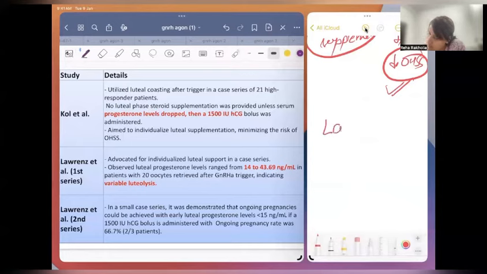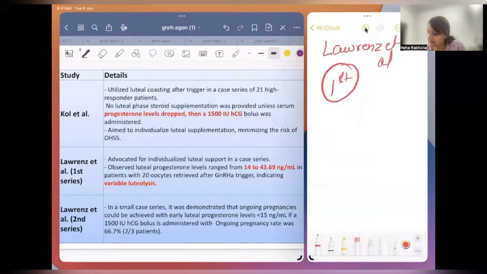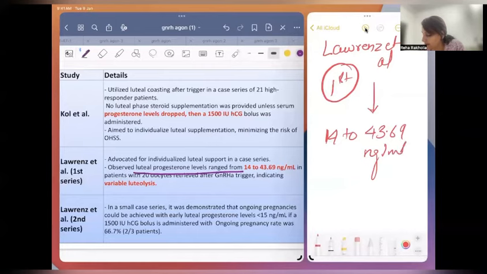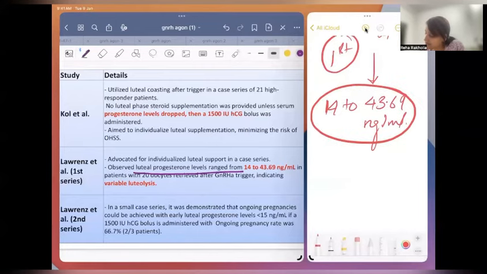Now, Lorenz et al. In the first study, a series, observed luteal progesterone levels ranged from 14 to 43.69 nanogram per ml, even if the patient was retrieved with 20 oocytes.